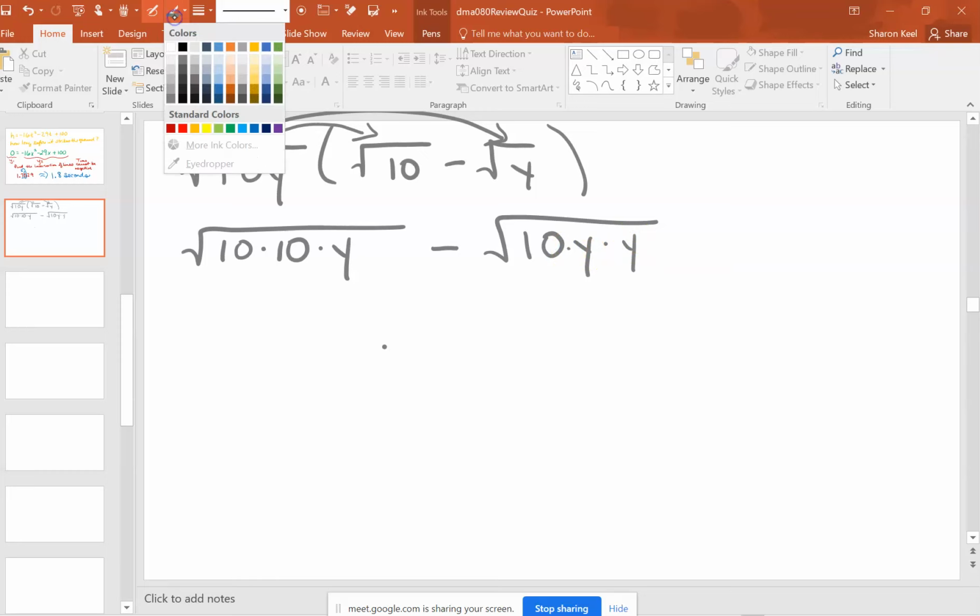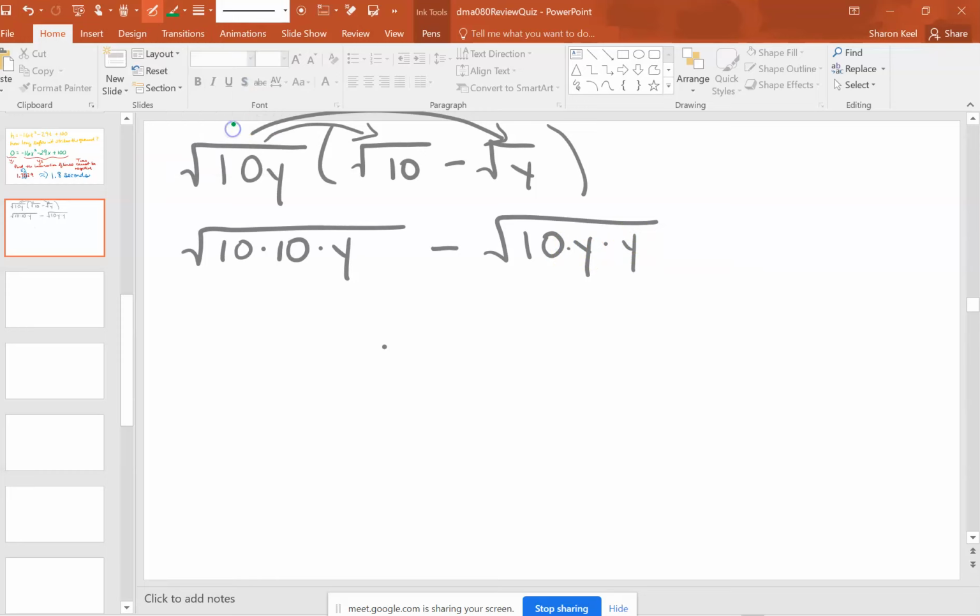So remember, square root means that you need a pair of the same numbers. Since this first one has a pair of 10s, when I do the problem, I would initially go ahead and write the 10 not under a radical because we're going to take it out, and what's left is going to be the square root of y. Then we subtract.